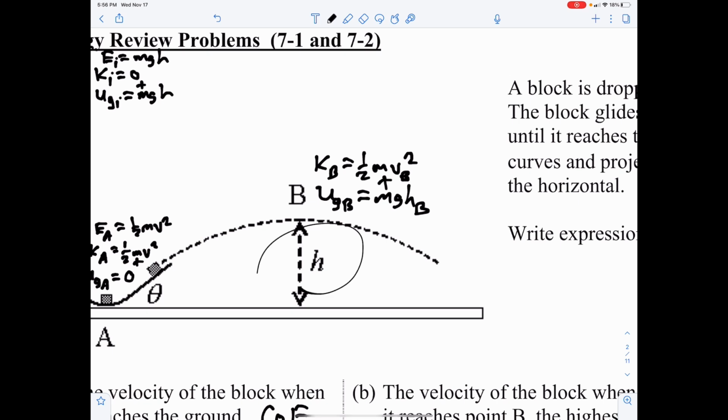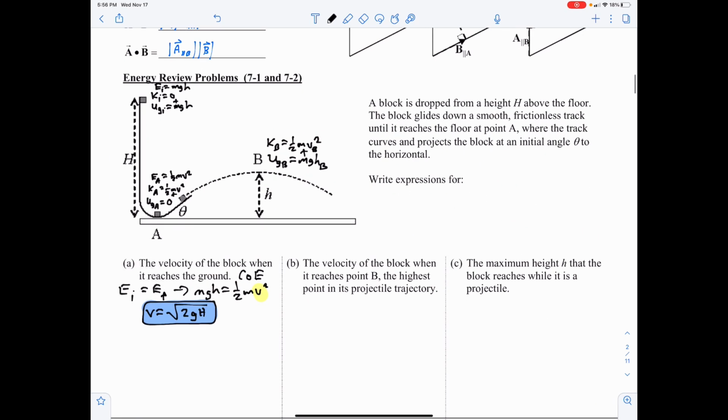But we don't know this height right here, and we don't know the speed. You don't know two things, so that becomes not very helpful for using conservation of energy to find the speed. So we're going to have to find the speed over the top a different way.